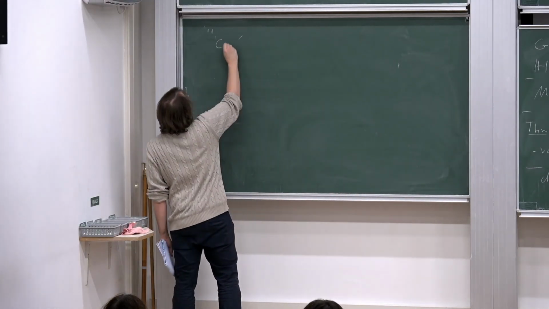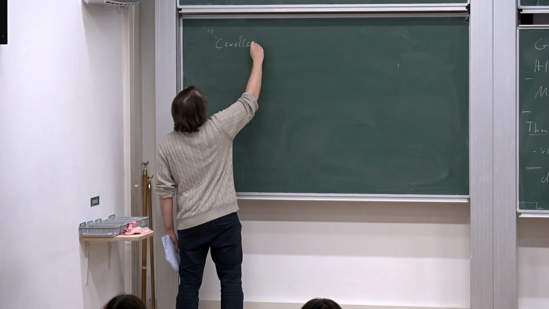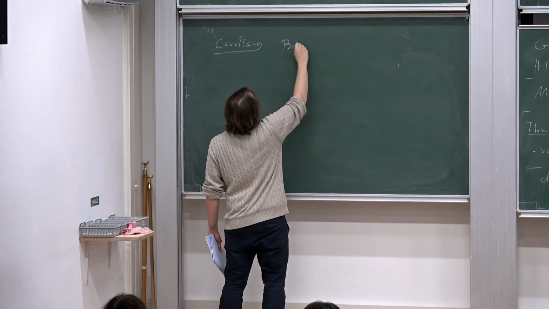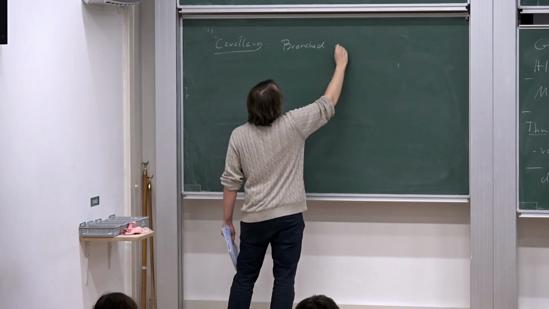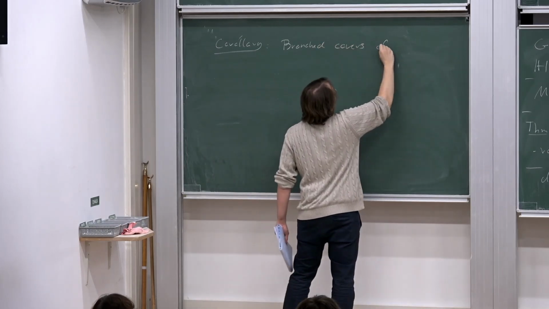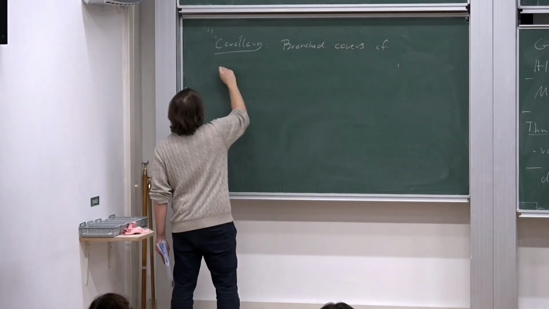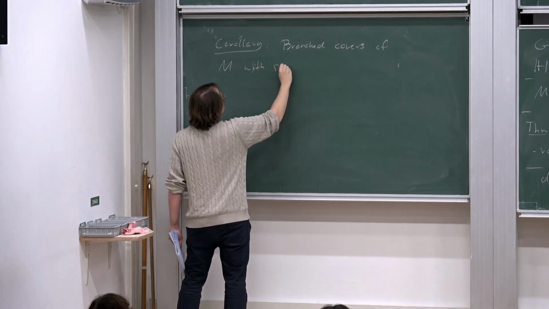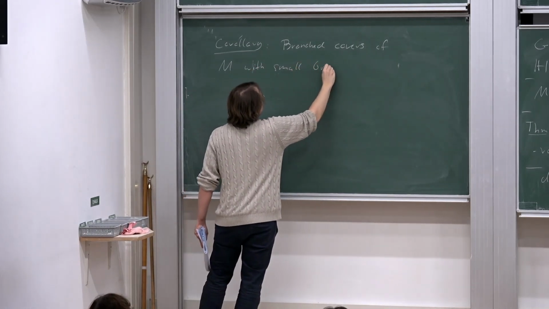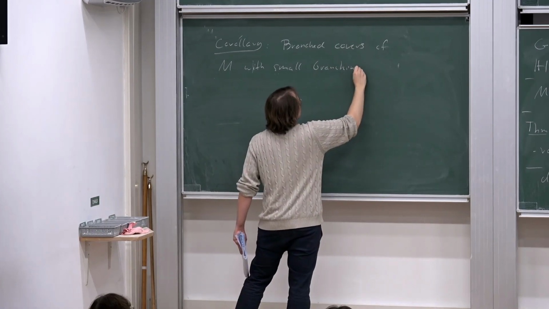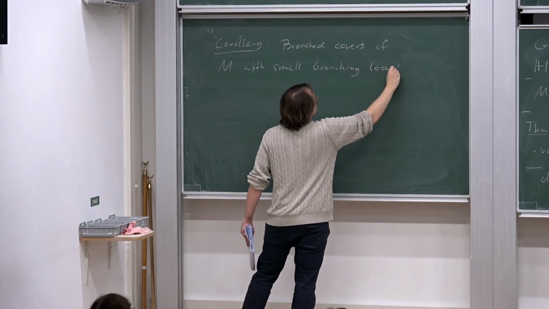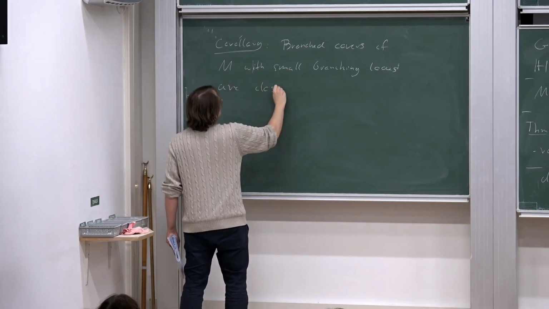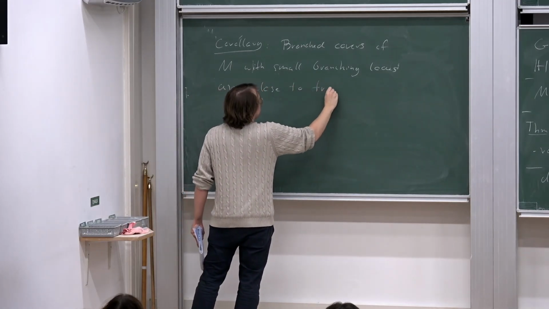So corollary: branched covers of M with small branching locus are close to true covers.